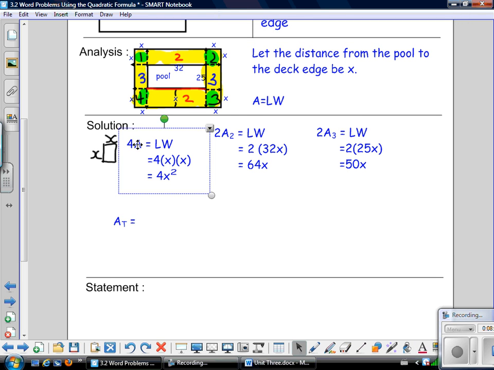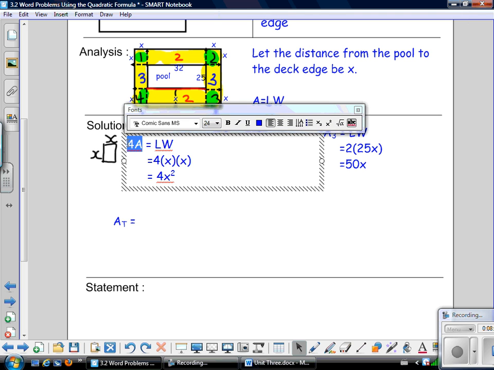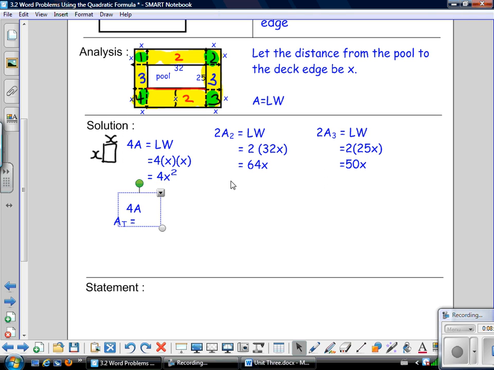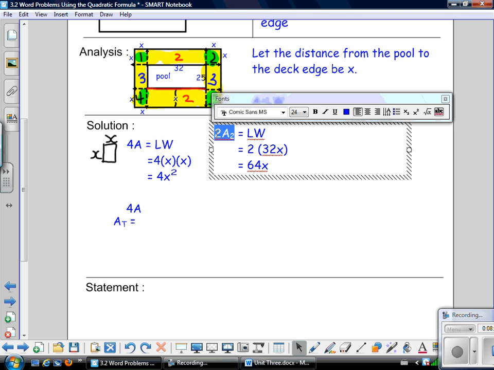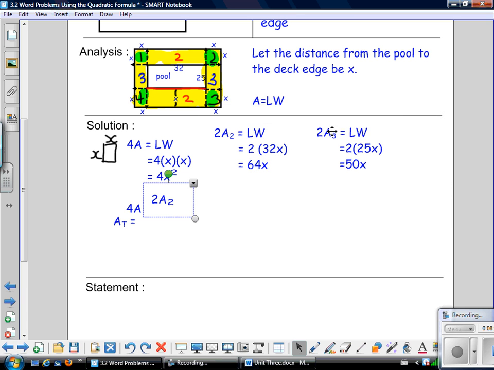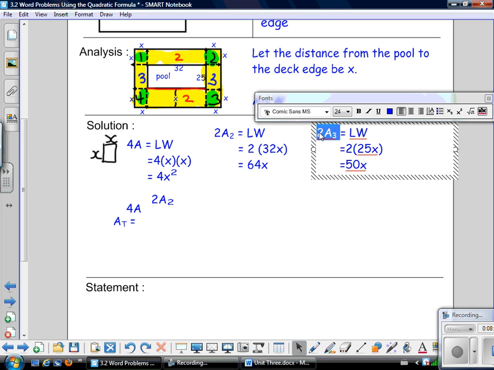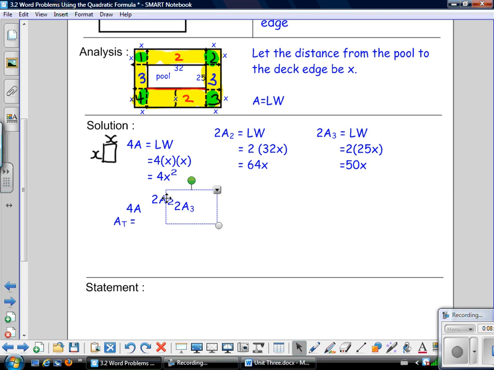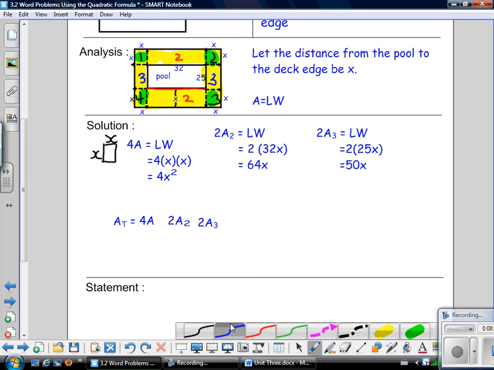And I think what I'll do is, since I have the ability to pull it out, I will. 4 of those, 2 of those, and 3 of these. And we're going to put them all together, and we are going to add those areas together.